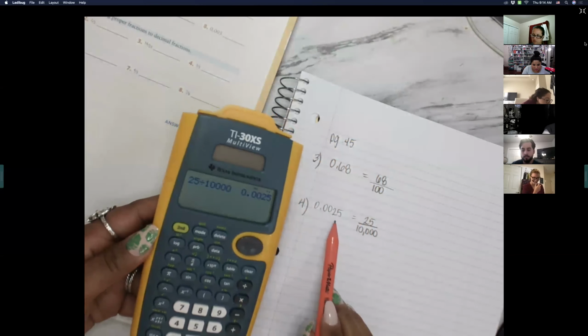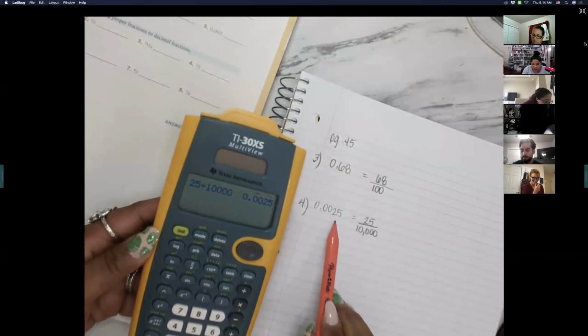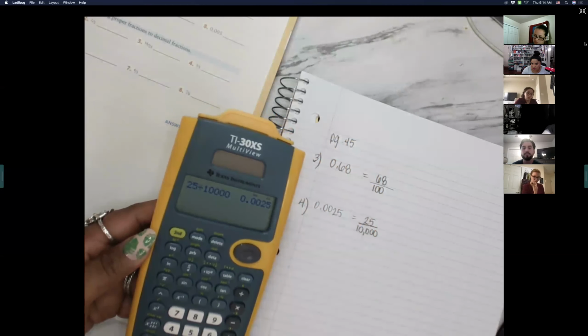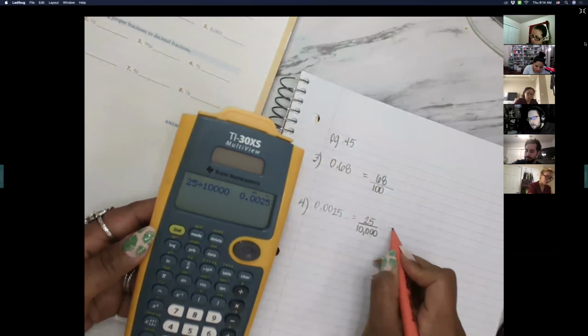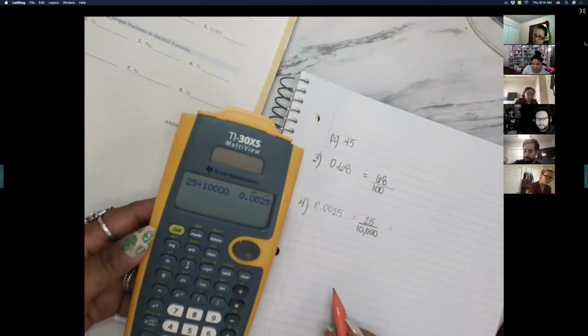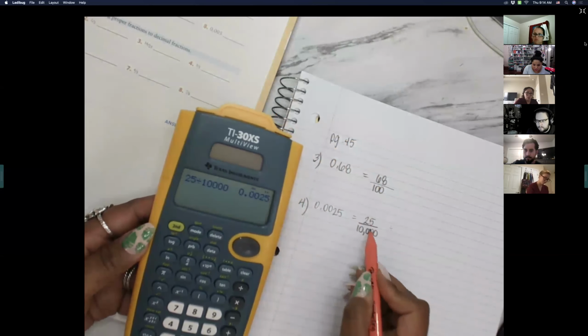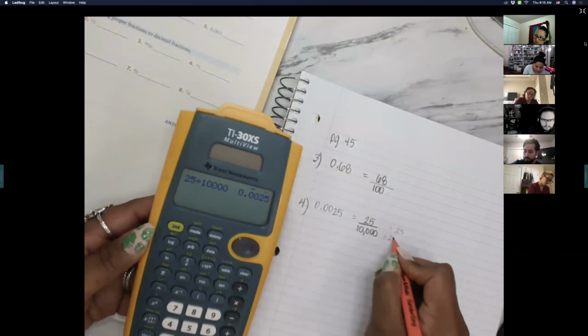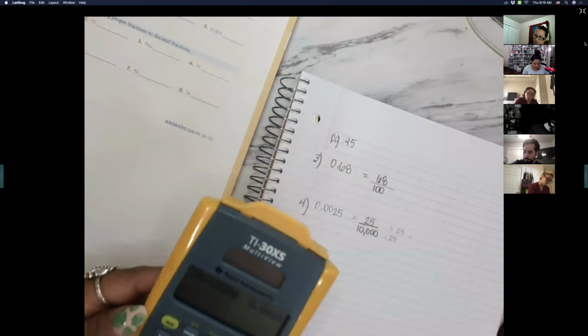Now for funsies, I'm going to ask you, reduce this fraction. The largest that I can reduce this is reduce both numbers by 25. 1 over 25. Oh, I'm sorry, 1 over 400.